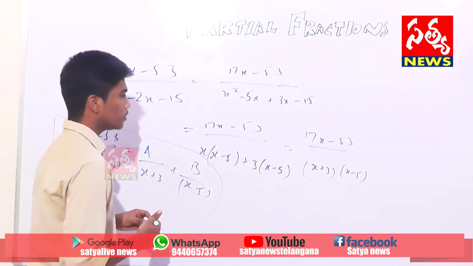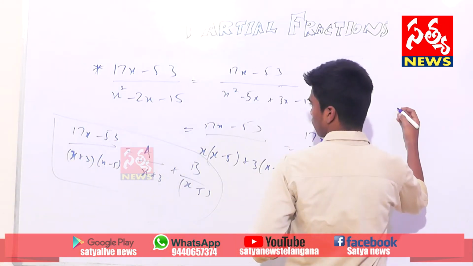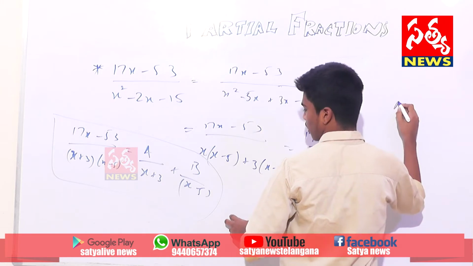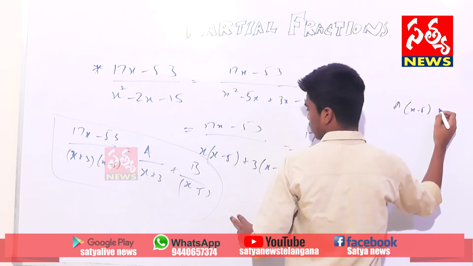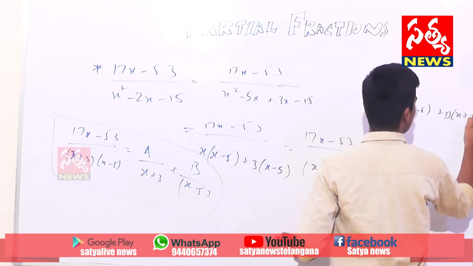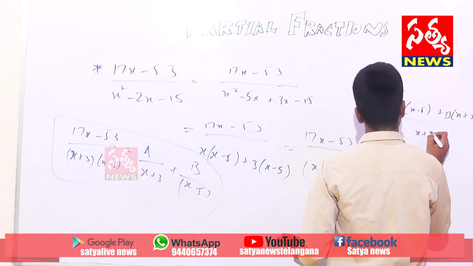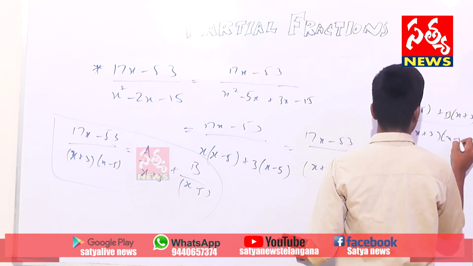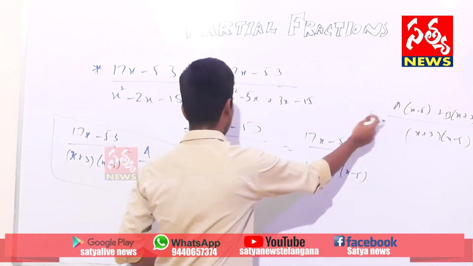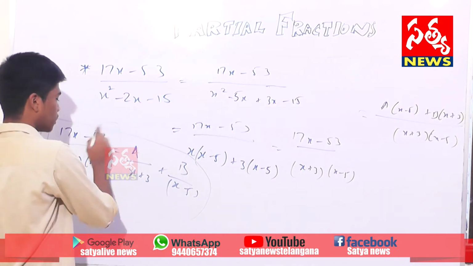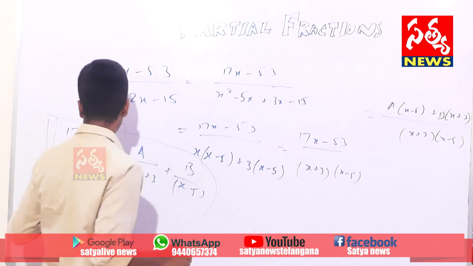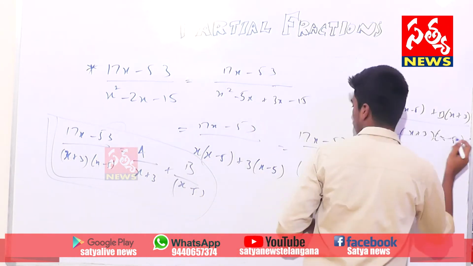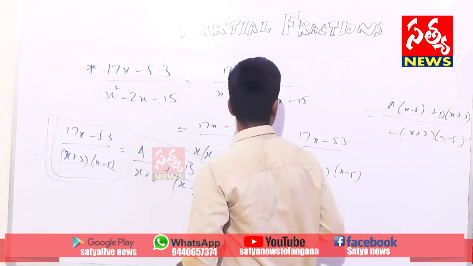Okay, now let's solve this. a into x minus 5 plus b into x plus 3 by x plus 3 into x minus 5. So this is equal to the question, and we can cancel x plus 3 and x minus 5, so this gets cancelled.